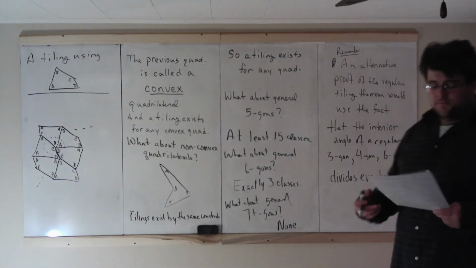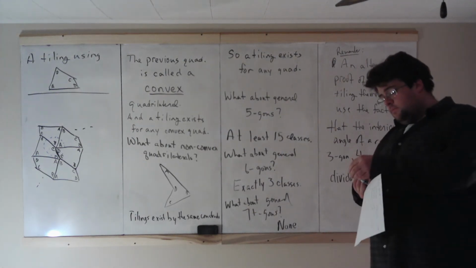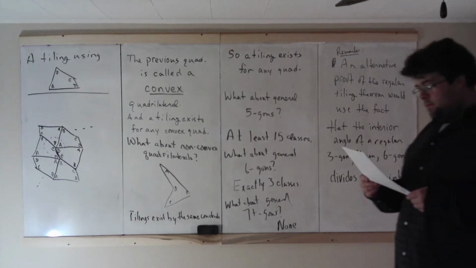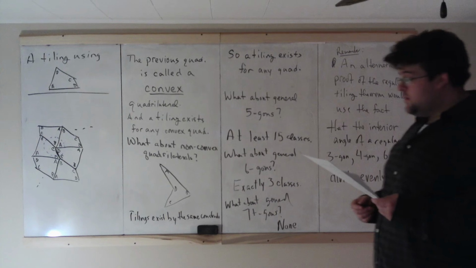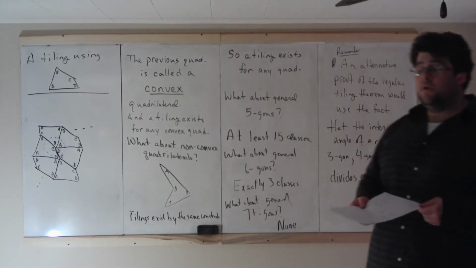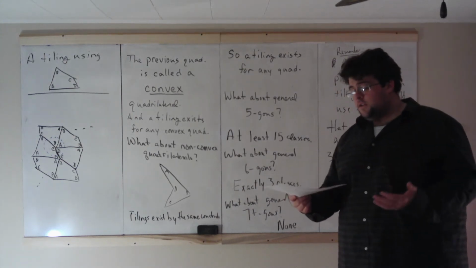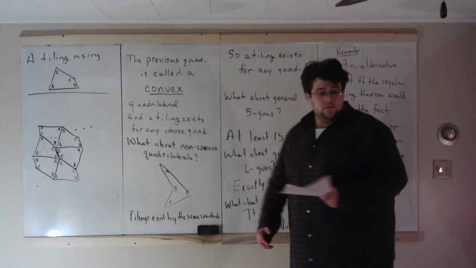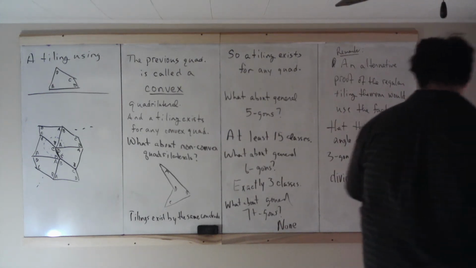So the textbook does cover a few different other tilings, so in the PDF, I think it would be a good idea for you to look through pages 834 through 843.